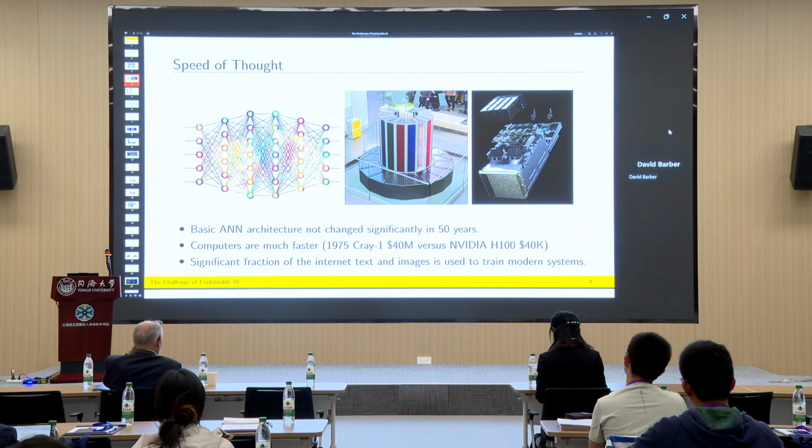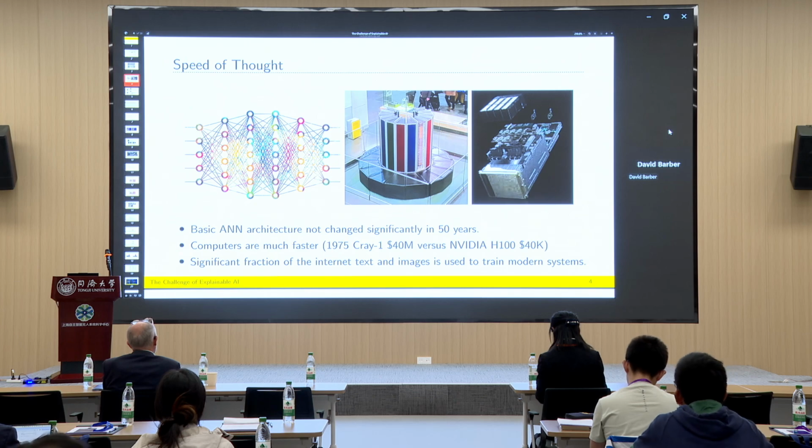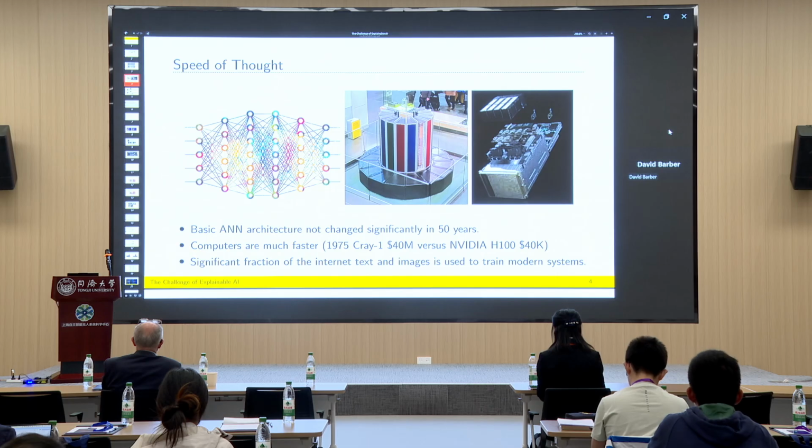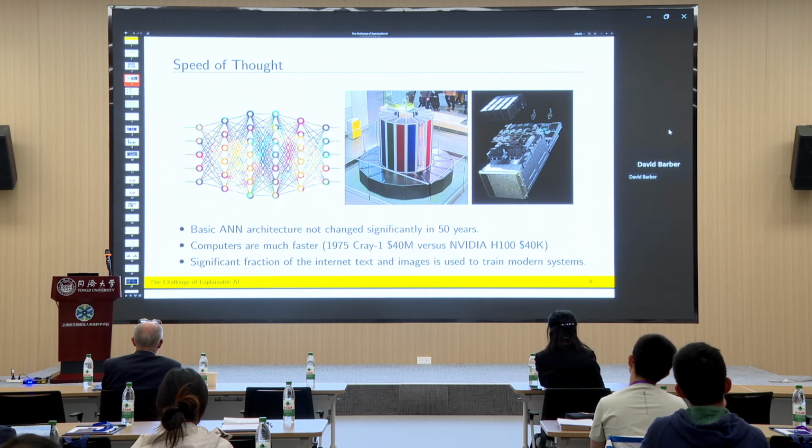So if you take, for example, an image here in the middle of a Cray 1 supercomputer from 1975, this was the fastest system in the world at the time. It cost around $40 million. And you compare that to, for example, an NVIDIA GPU chip of recent years. It might take around a month of training on one of the current GPUs to train a high performing image recognition model.